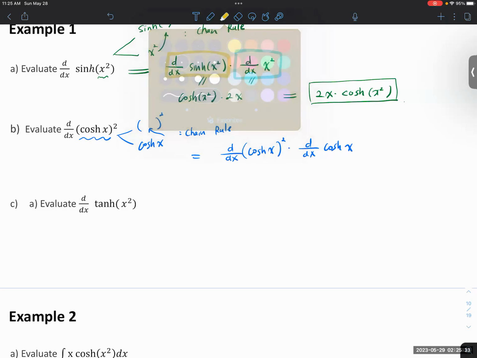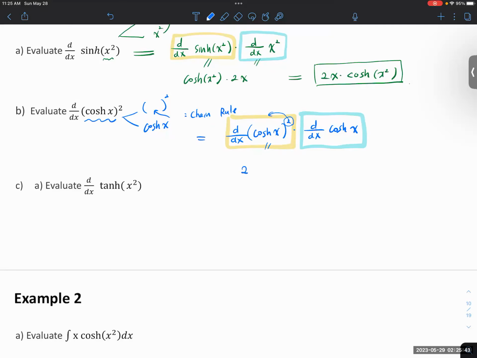So one more time, this is outside, this is inside. You're going to bring 2 to the front, so 2 cosh x, that's it, times the derivative of cosh, which is sinh x. So if you're confused, I'm going to make a parenthesis. So that's the answer: 2 times cosh x times sinh x. There we go.